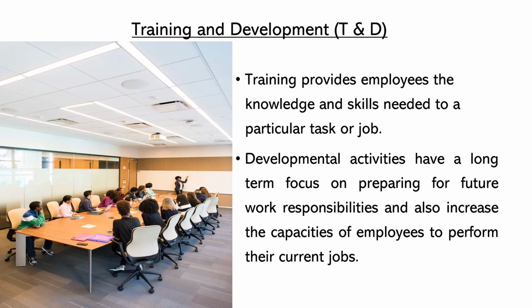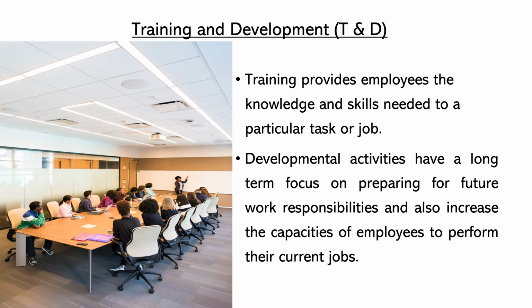For example, let's say in the Indian cricket team, in any cricket team, a bowler is there. Training means you are giving training to the cricketer to become one of the best bowlers in the world. Offside, onside, leg side, whatever the bowling techniques are, you are giving training to that bowler so that he becomes efficient in the work that he is doing.